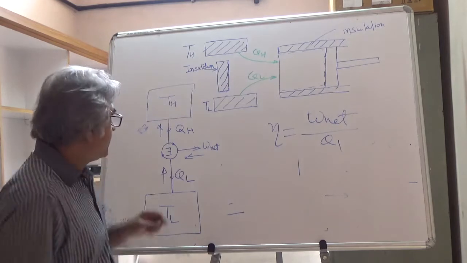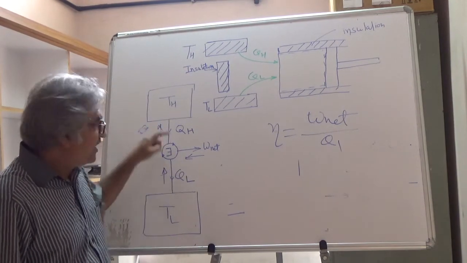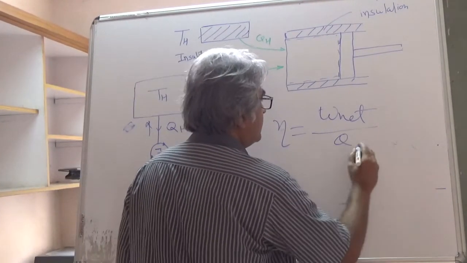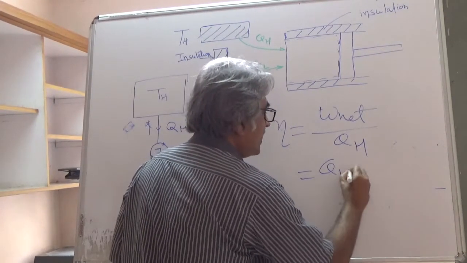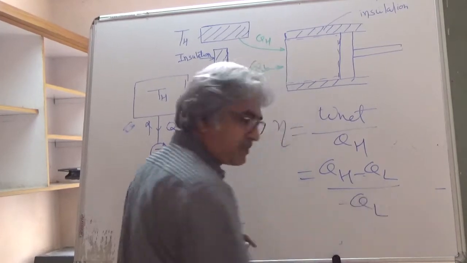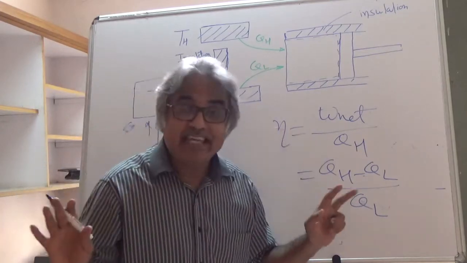Now what is W net? It is QH minus QL, right? Heat supplied is QH. So efficiency is QH minus QL upon QH, right? Now this is the efficiency of any engine, okay?